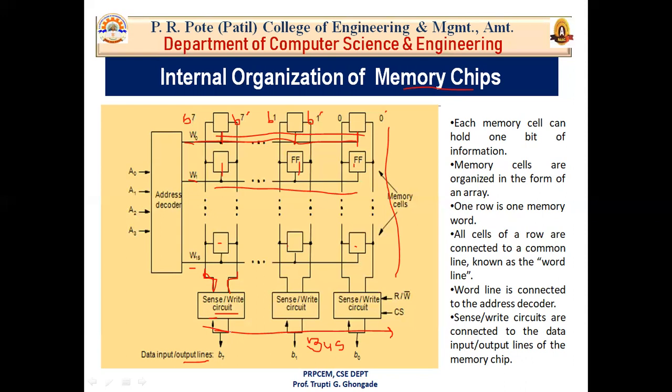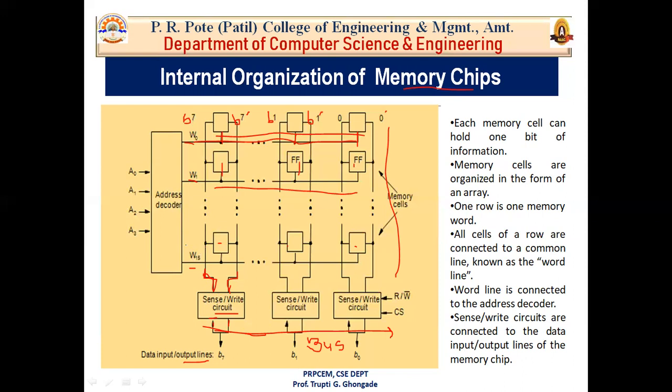Similarly, if you want to do a write operation, the data from the computer bus is fetched through this data input line, and then it is fed to the sense/write circuit. From the sense/write circuit, through the bit lines, that is B and B dash, it is placed onto the corresponding memory cell, which is denoted by a word line like W0, W1, W15.